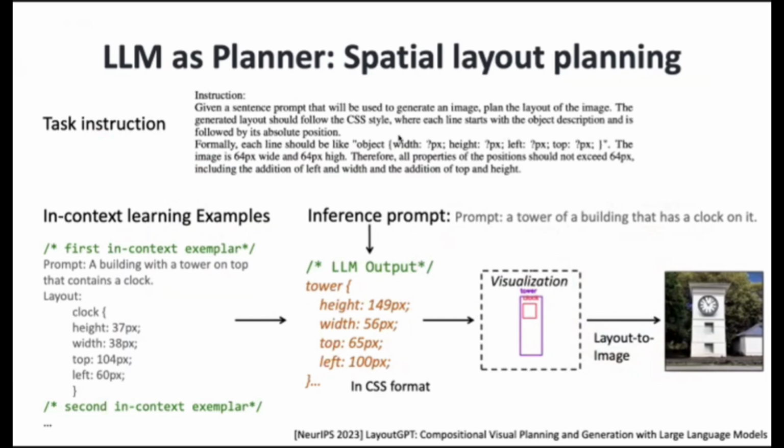And we also provide the large language models with some in-context learning examples, like we have a prompt and layout data, and we provide such examples to large language models, and then we can provide a new prompt, and large language models can generate the new layout for the given prompt. And after that, we can use the layout to image models such as Yingqing to achieve the final image generation.